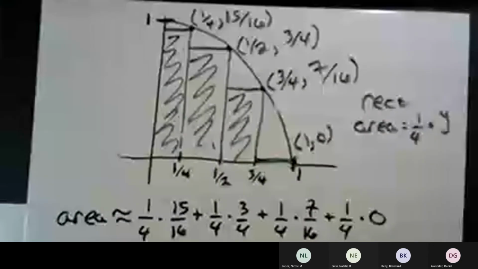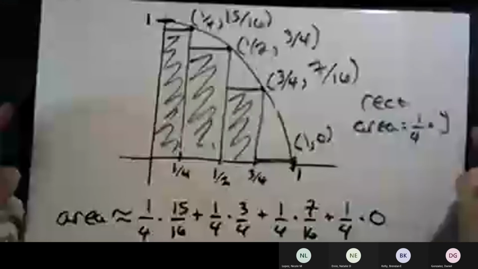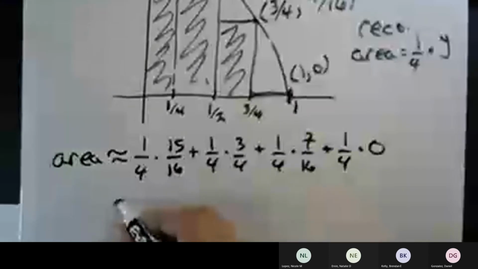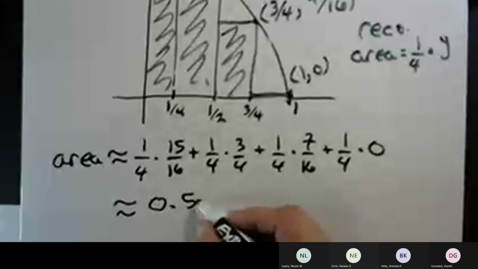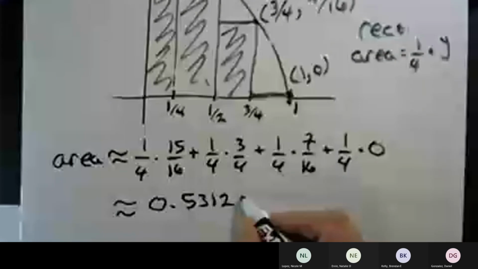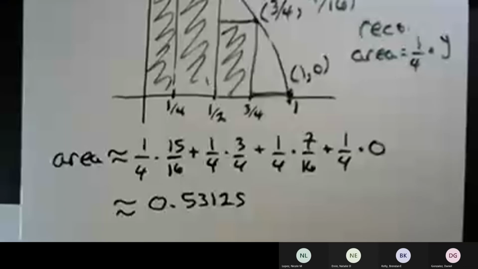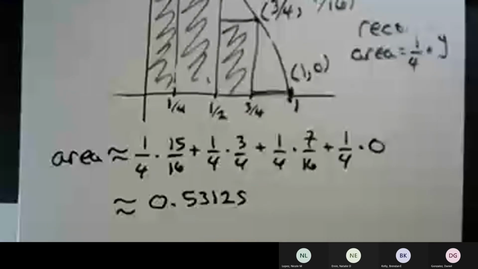And if you round this, what we'll get is approximately 0.3125. So that's the lower sum.